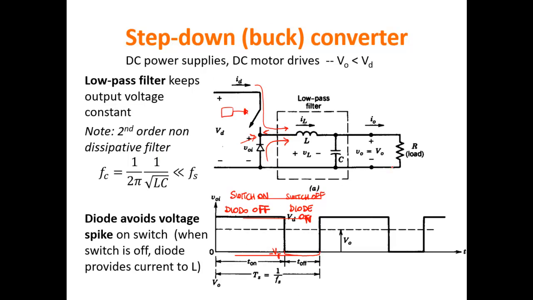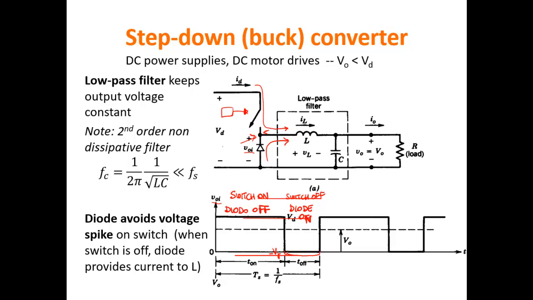So let's consider the situation. This is the voltage on the node at the input, VOE. You see, it's the same one. So it goes from VD, when the switch is on, to, we have said, 0.